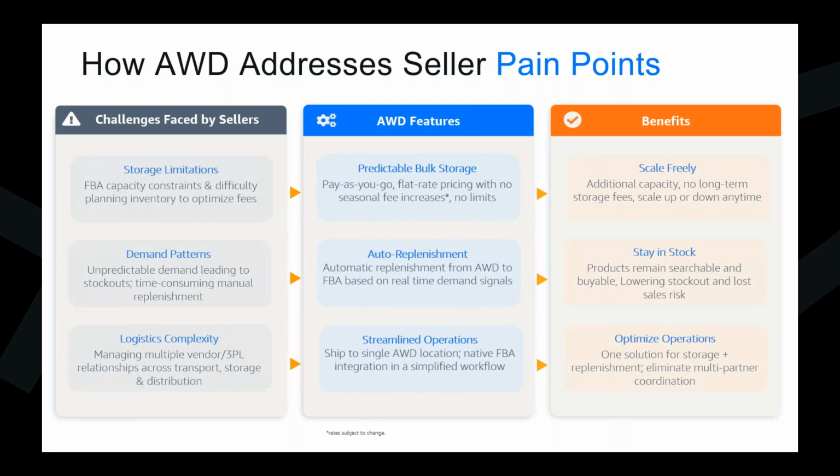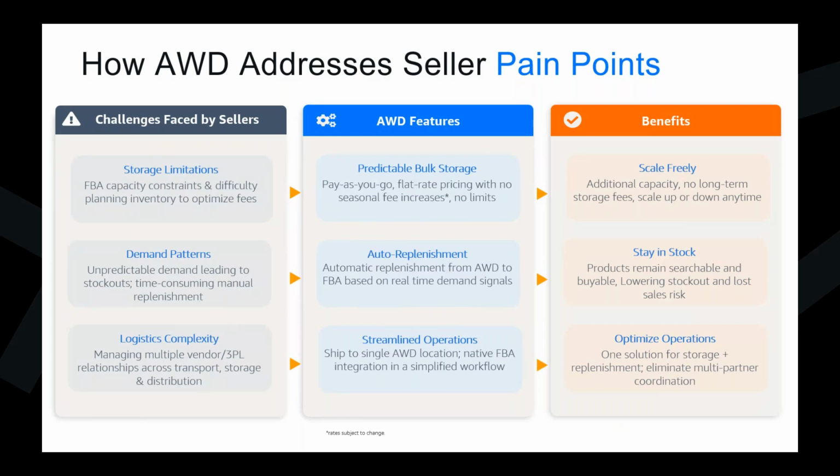And you can see the benefits that you're getting out of the AWD features. For the predictable bulk storage, you can scale freely now because you don't have to worry about storage fees or any punishment fees. With the automated replenishment, you don't have to worry about staying in stock anymore.